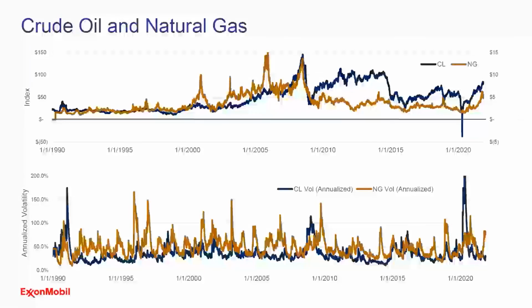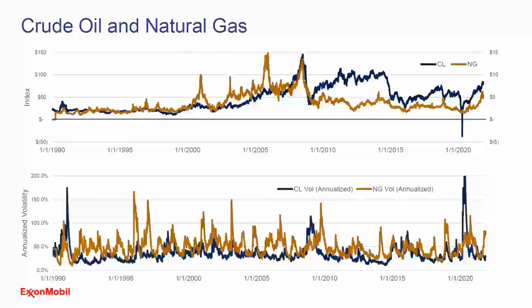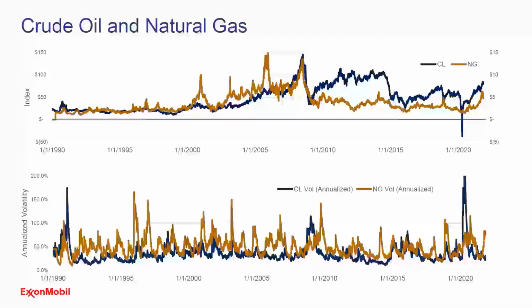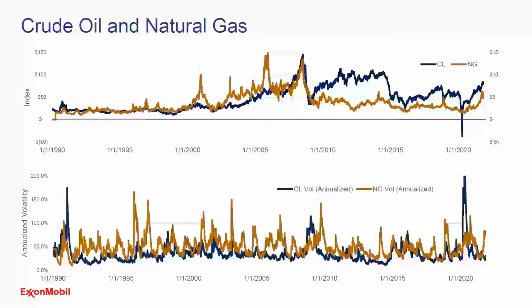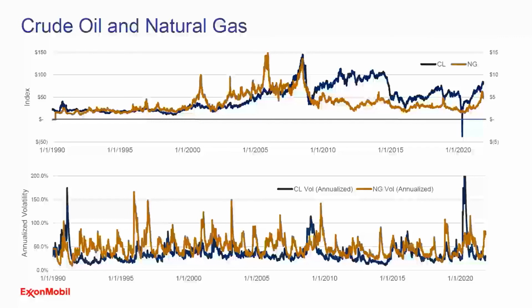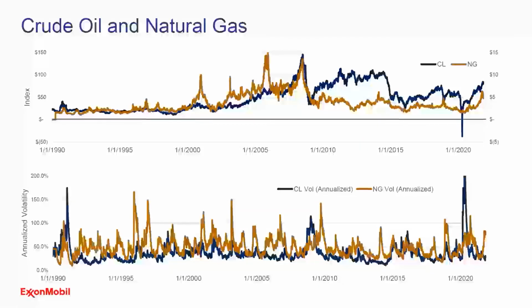This page shows crude oil and natural gas spot prices. The blue curve in the top chart, using the left y-axis, shows the WTI spot prices, and the brown curve shows the Henry Hub natural gas prices, using the red y-axis. The number one difference from fixed income or equities is that this time series shows a very strong mean reversion pattern.